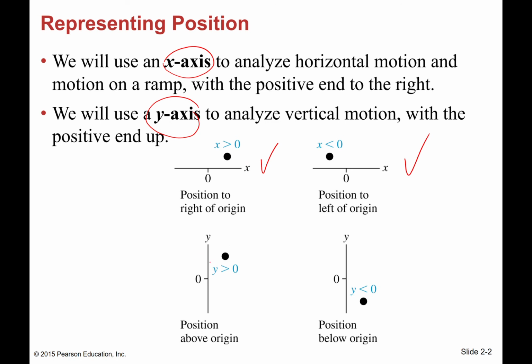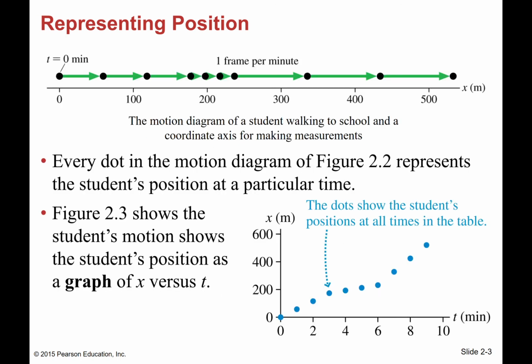And same for vertical motion. You're free to choose your origin, and anything above the origin would be positive, anything below the origin will be negative.